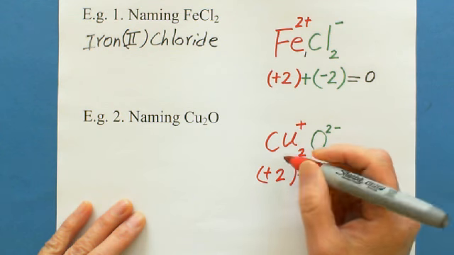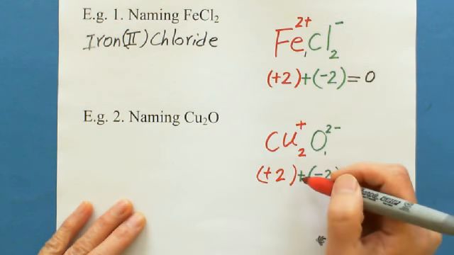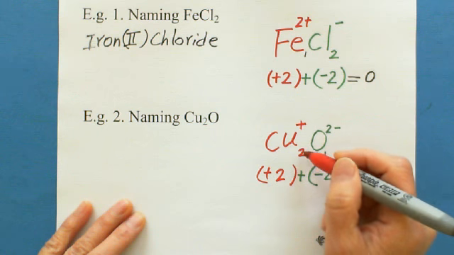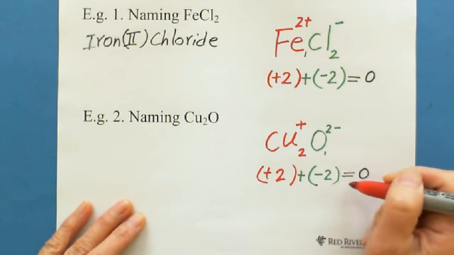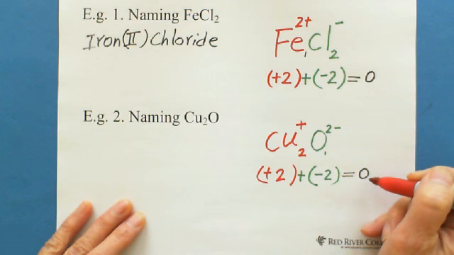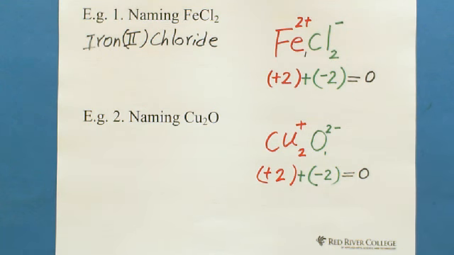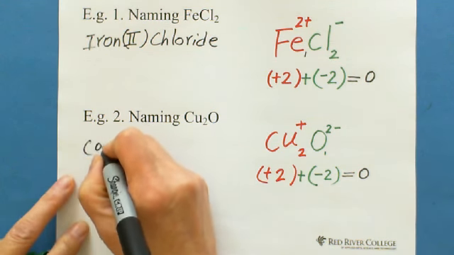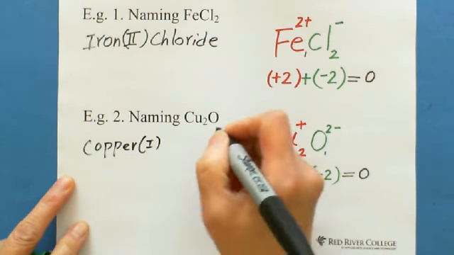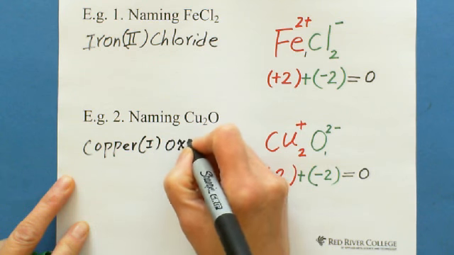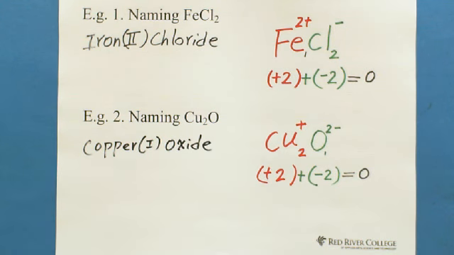So in this situation copper is 1. With 2 ions, each one is 1, the total is positive 2. Positive 2 plus -2 equals 0. That's why we name it copper 1 oxide.